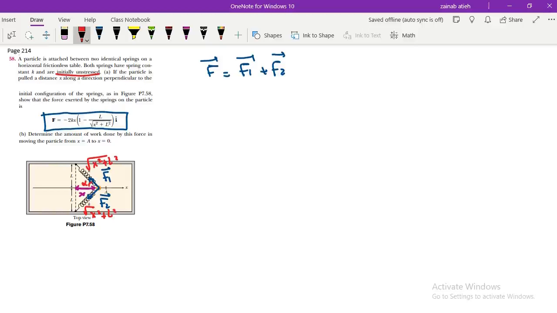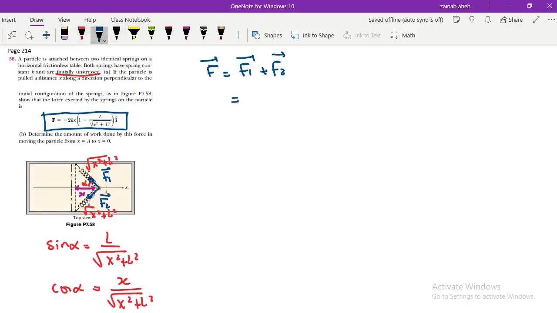Okay, so we can find sine alpha and cosine alpha in terms of the given. Sine alpha is opposite over hypotenuse, so it's L over radical x squared plus L squared, and cosine alpha is equal to adjacent over hypotenuse, it's x over radical x squared plus L squared. I will keep these because I will use them when I solve.